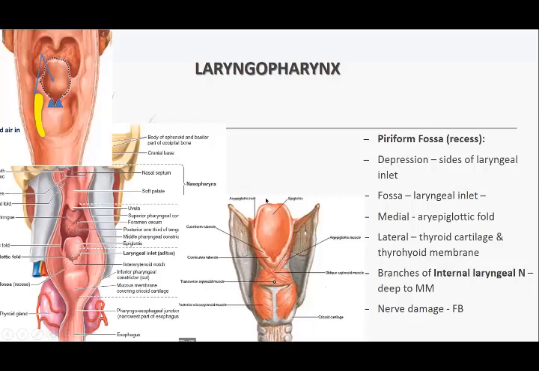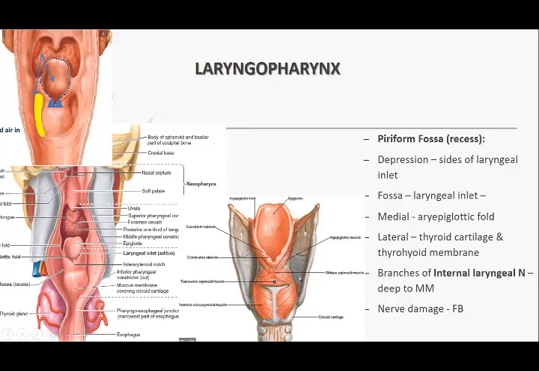So this fold between the arytenoid cartilage and the epiglottis is the epiglottic fold. And on either side over here, this is the piriform fossa. So I hope you appreciate that this epiglottic fold is actually lying between the inlet of the larynx and the piriform fossa.